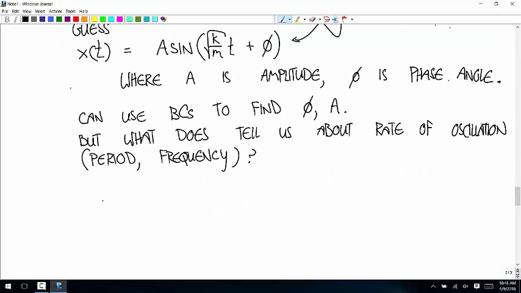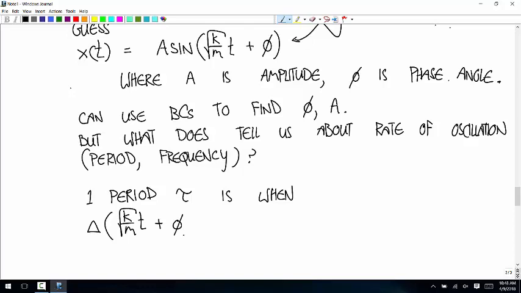Well, we know one period, represented by the Greek tau, is when the change in square root of k over m times t plus phi is equal to 2 pi. We don't care what it starts at. We just care that it starts to repeat itself, and with a sine function that happens at 2 pi.